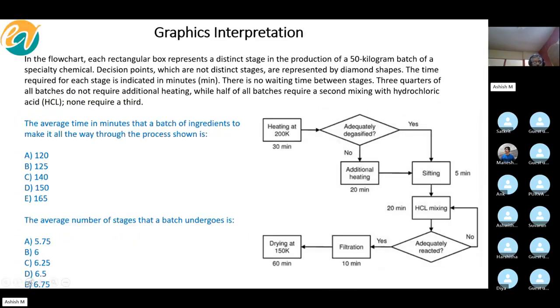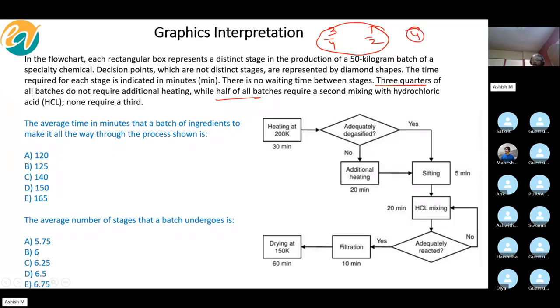Since we are talking about 3/4, and half is obviously 1/2, correct? So what we can do, just for convenience purposes, is take the total number of batches as 4.